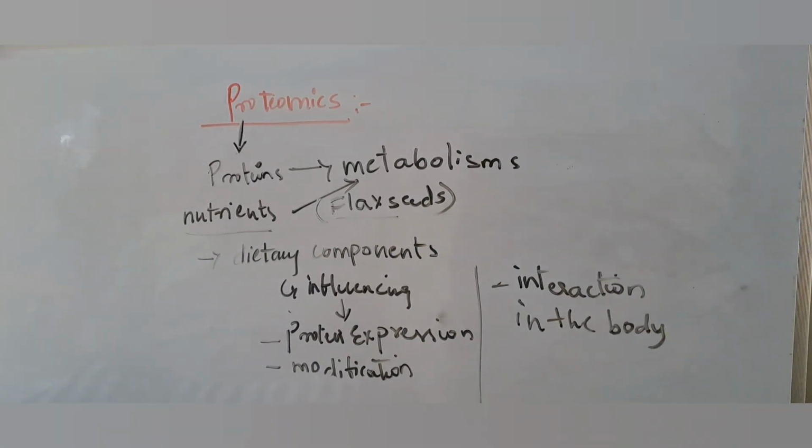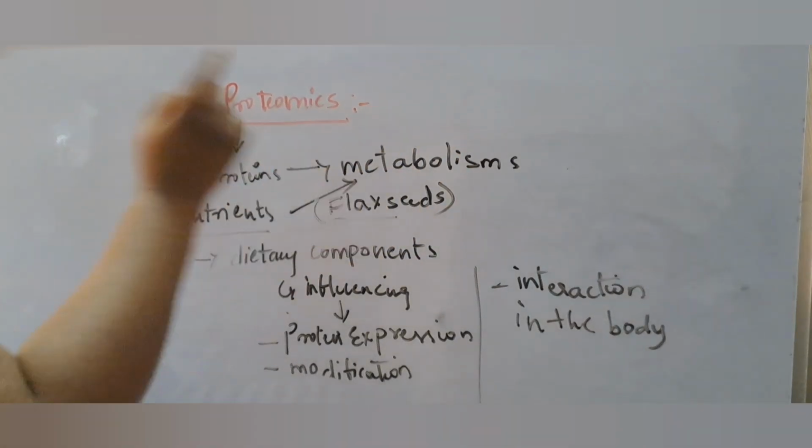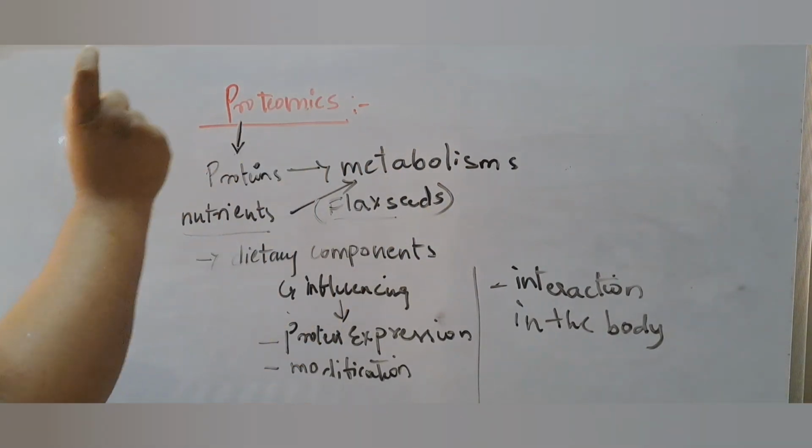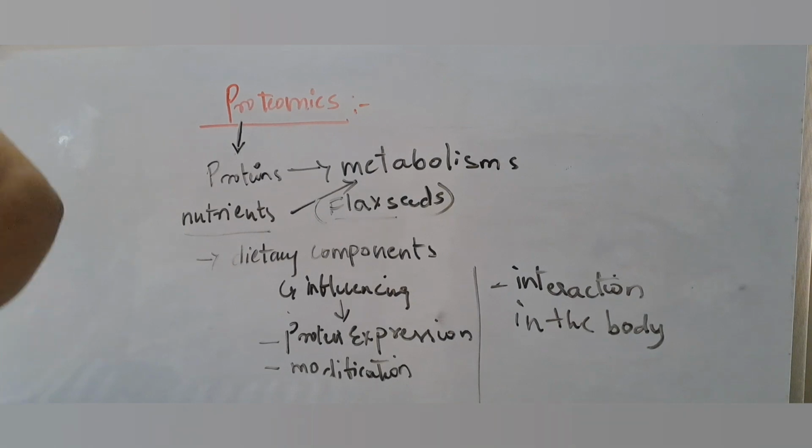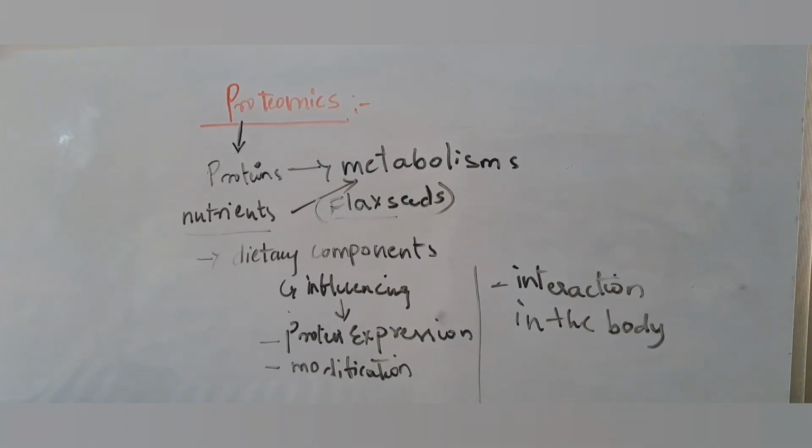We also know there is an understanding of metabolic pathways. As I said, protein plays a key role in metabolism, right? So it also shows the understanding of metabolic pathways.